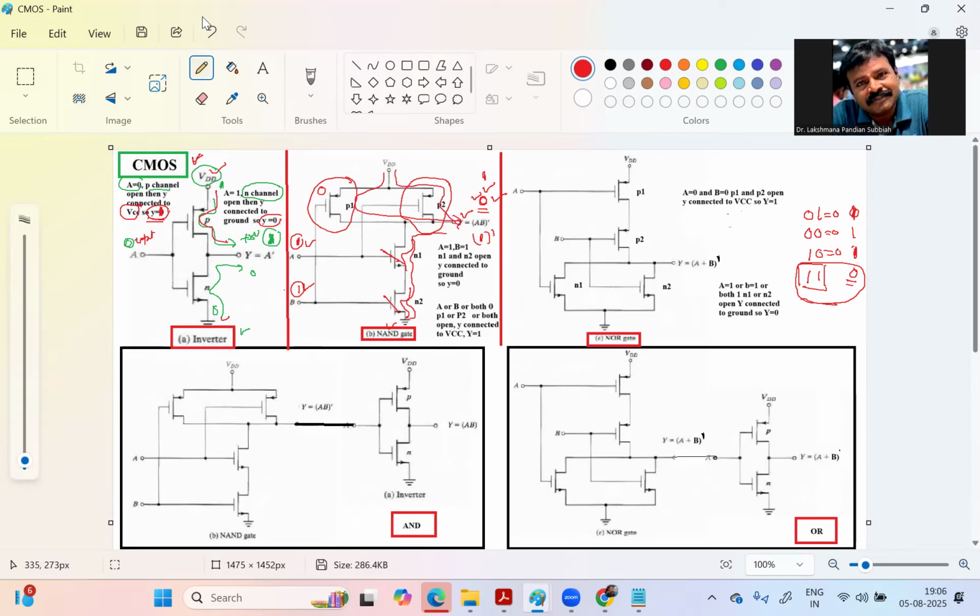So if any one is 0, then it is connected, and we get the result 1. So if any one is 0 or both 0, then the VDD is connected by P1 or by P2 or by both to the VDD. So we get output 1. That is the NAND gate.